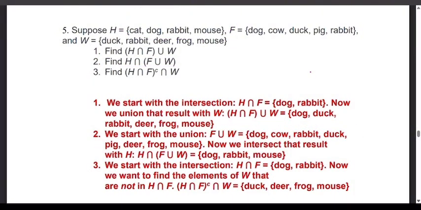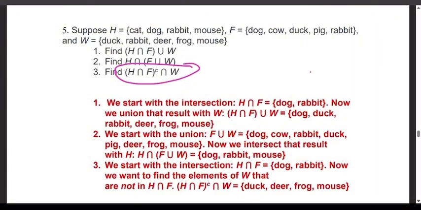Now, I want to go into the third one. When you take a look at the third one, don't forget, you first focus on the one in the parentheses. What I have in the parentheses right now is H intersect F, the complement of that.